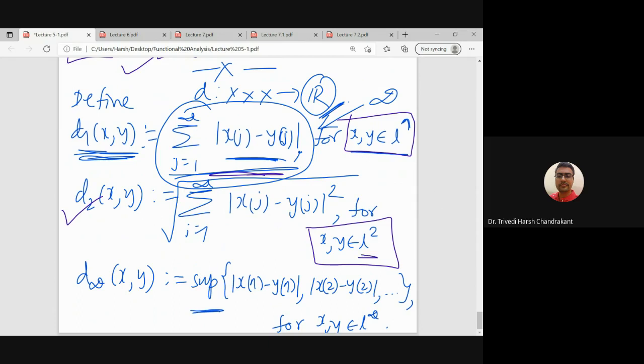And if we consider x in L infinity, then over this vector space we can define a metric using the third function, d infinity. This is just notation: d1, d2, d infinity are metrics corresponding to these spaces. Therefore, corresponding to L2, we are denoting d2.